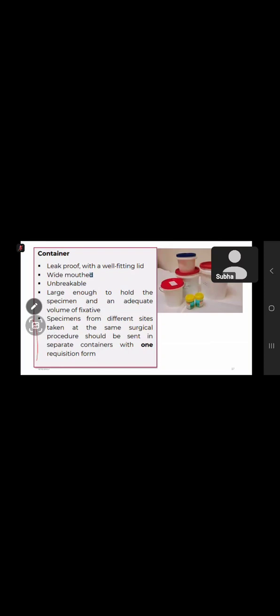As with other specimens, in histopathology the sample collection container is very important. For histopathology sample collection, these are the features it should have. The container should be leak-proof with a wide mouth. It should be unbreakable, so we cannot use glass containers.